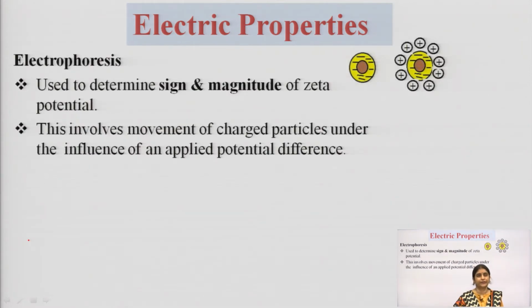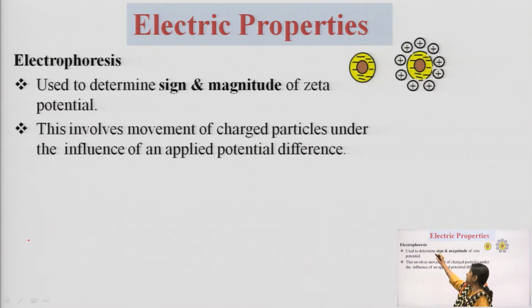Now, electrophoresis. The zeta potential can be determined by electrophoresis. Electrophoresis means the charged particles will move either towards the cathode or towards the anode, depending on the charge present on their surface.